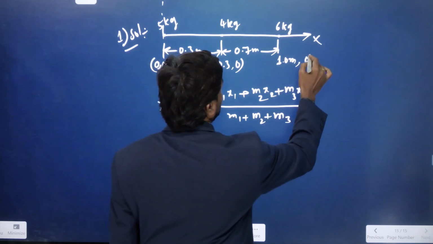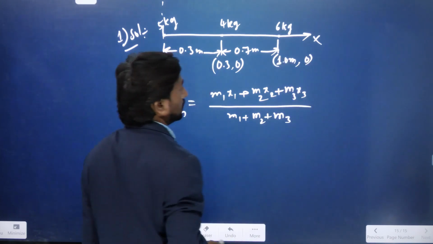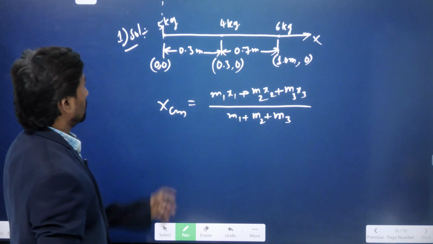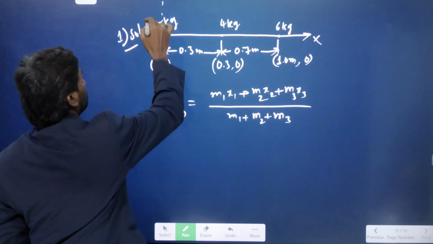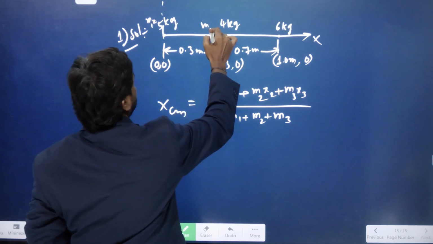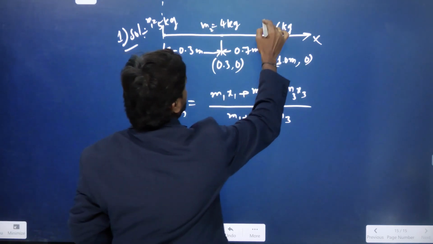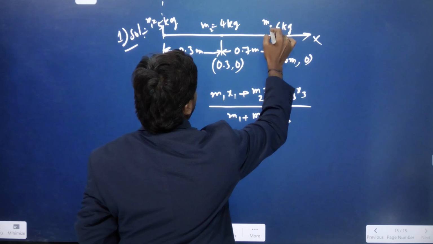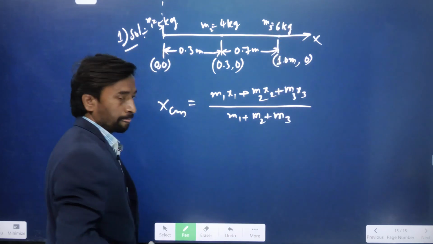The y coordinate is 0 there. So the 5 kg mass is m1, the 4 kg mass is m2, and the 6 kg mass is m3, consider that.